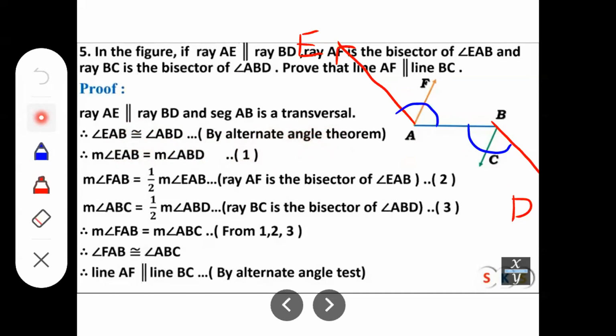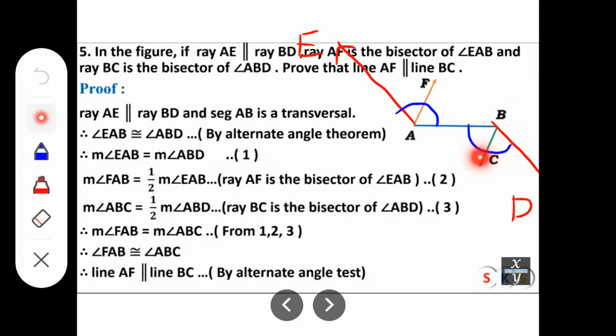Now as the angles are congruent to each other, their measurements are equal. So measurement of angle EAB is equal to measurement of angle ABD, and mark it as equation 1. Now, as we know, ray AF and ray BC are bisectors for the respective angles. Bisector means what? A bisector divides the angle in two equal parts.